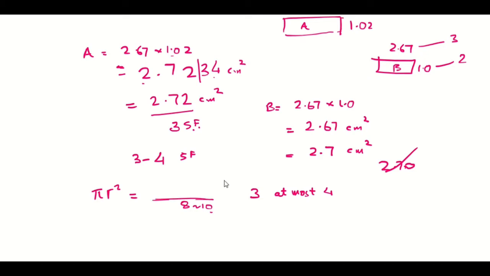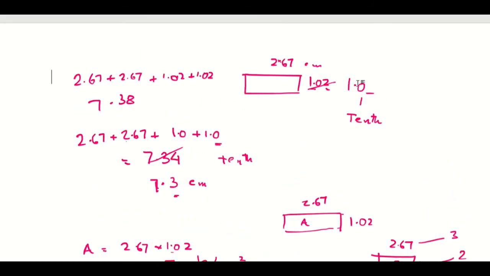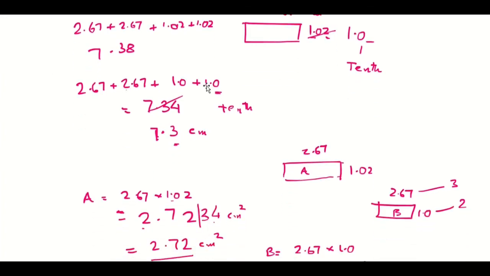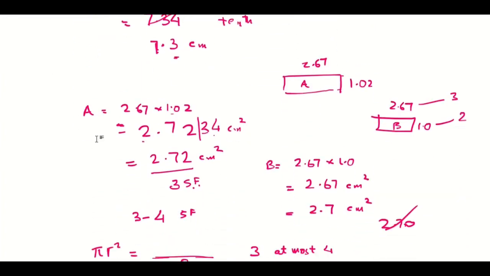Do not have more than 4 significant figures. So just a quick review, for addition and also for subtraction, we look at the decimal places. For multiplication and also for division, we look at the total number of figures, not the decimal places.